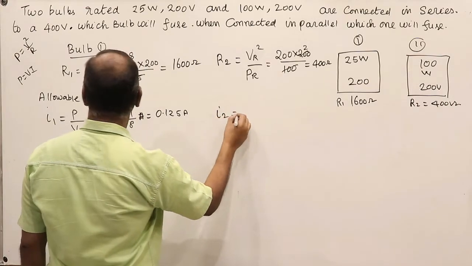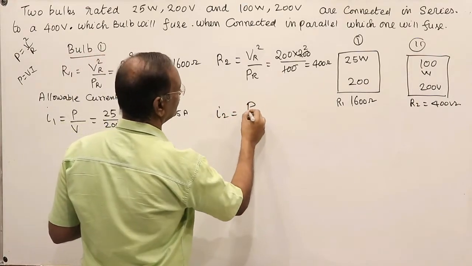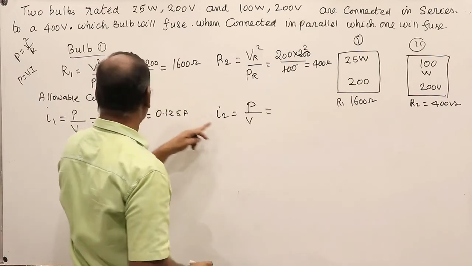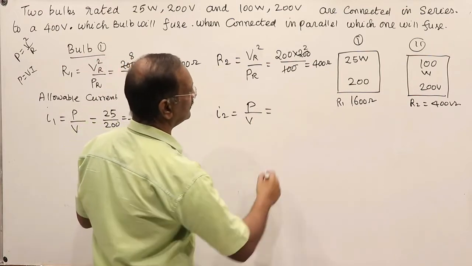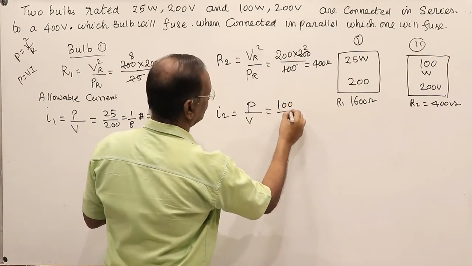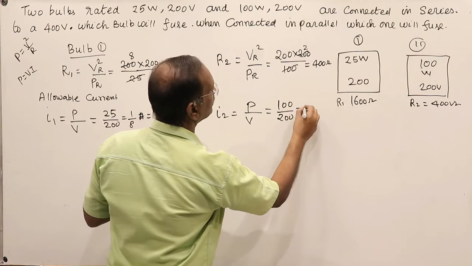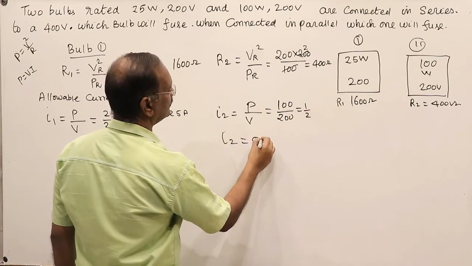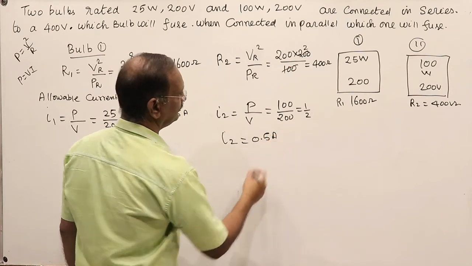Similarly, I2 is equal to power of the second one divided by its rated voltage, which is the allowable current. 100 divided by 200 is equal to 1 by 2. So I2 is equal to 0.5 ampere.